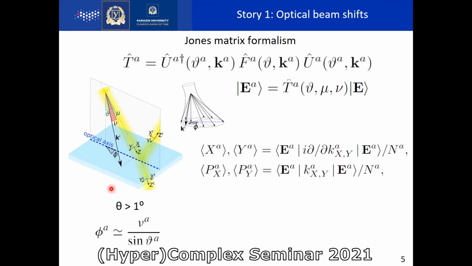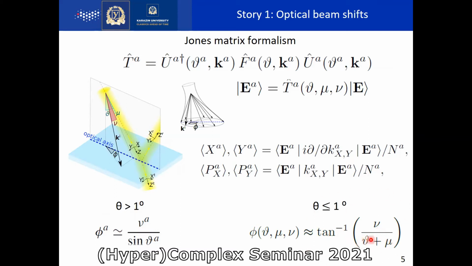And in standard theory, this angle phi, which is the deflection angle of the non-central wave from the plane of incidence of the central wave, is defined as follows. However, to be strict, the correct formula is the following.